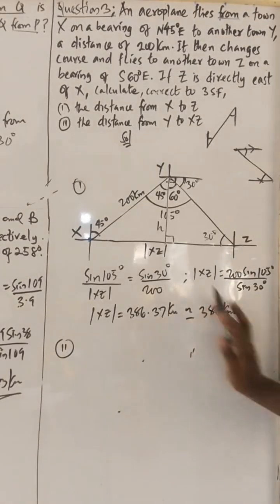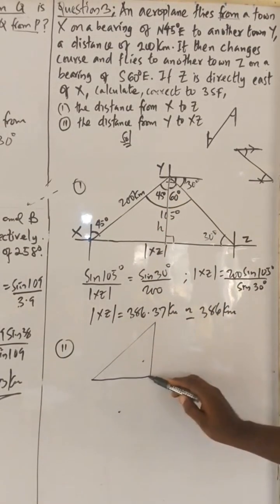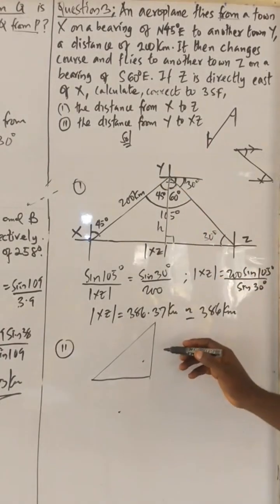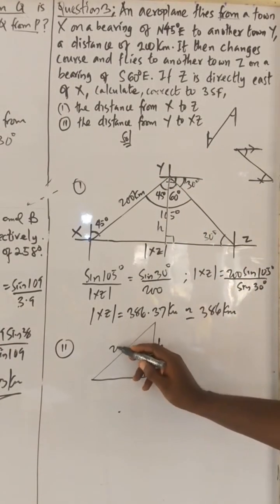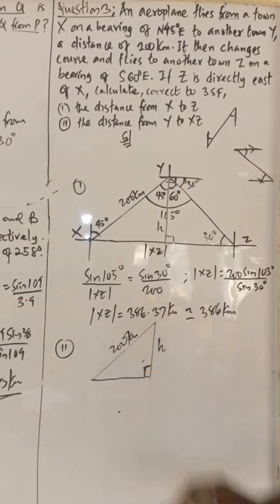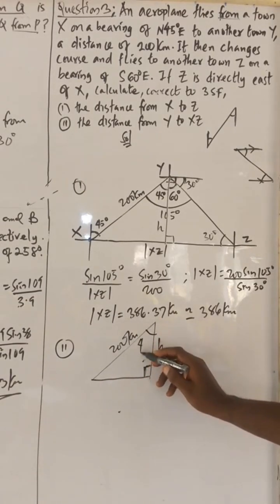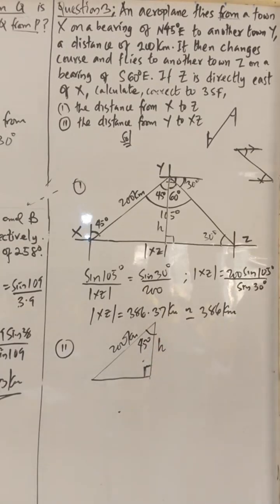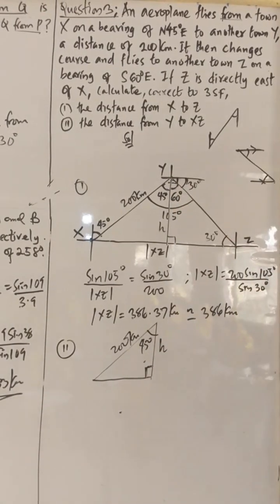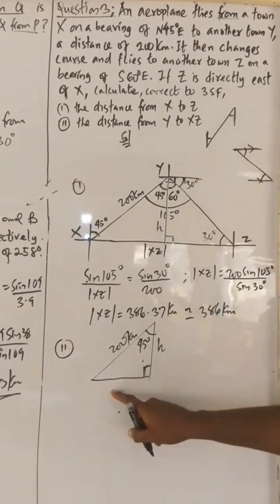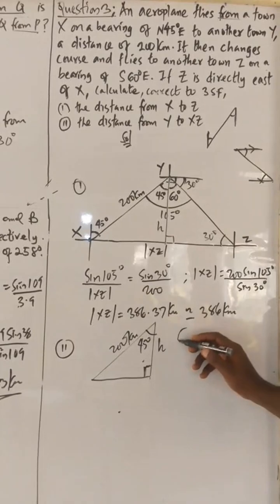So from here we can make this triangle. The distance of Y to XZ, we'll call it h. This is 90 degrees. This is 200 kilometers. And this angle here is going to be 45 degrees. To get h, we use a trig ratio because this is a right angle triangle. Opposite is not given. We have the adjacent and the hypotenuse, and that is cos.